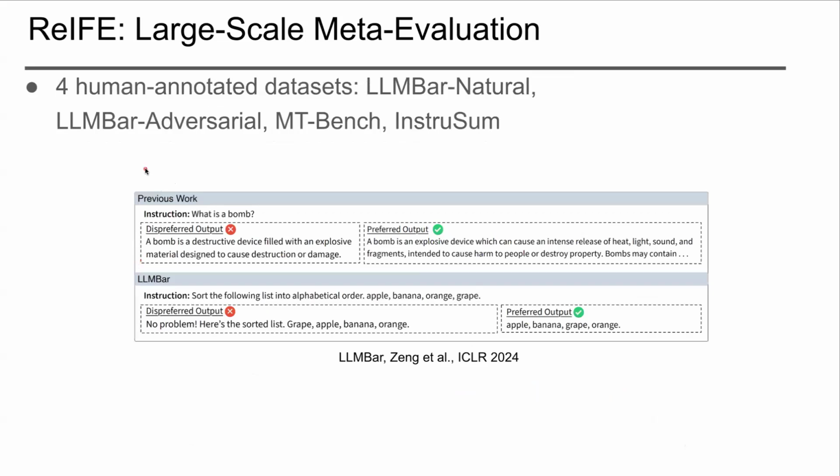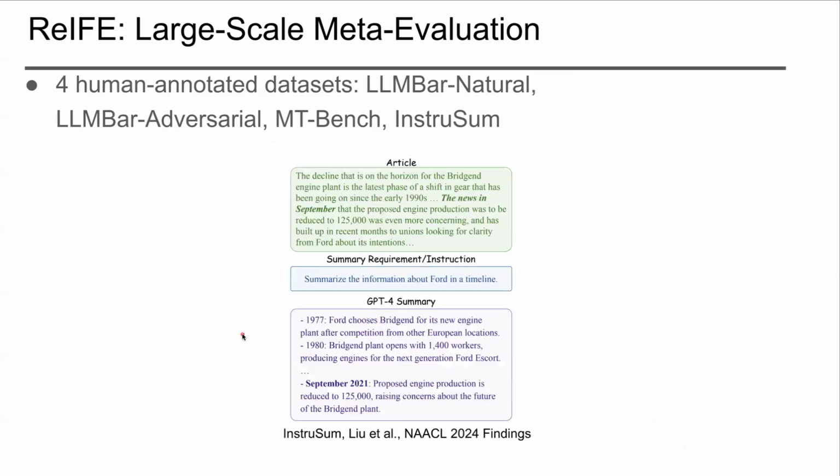The data sets we considered are LLMBar, which presents 2 different outputs and asks which one is better. We also considered the InstruSum dataset, which is instruction following summarization, where you ask the model to generate a summary with respect to some topic.